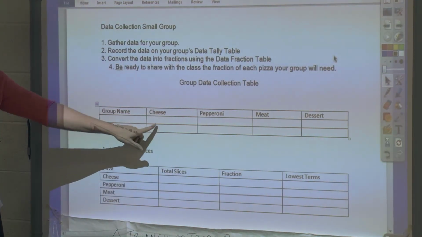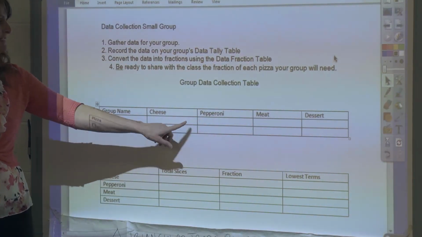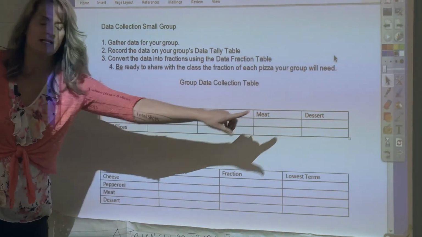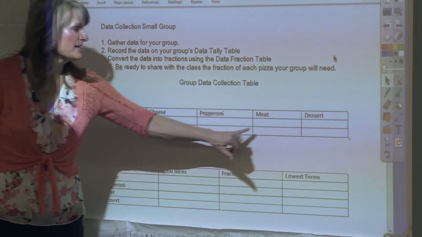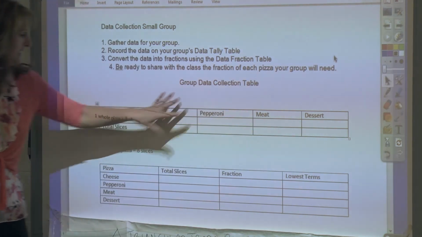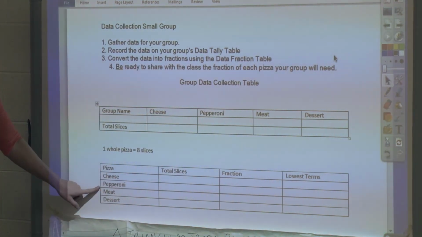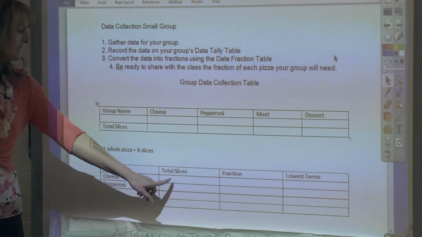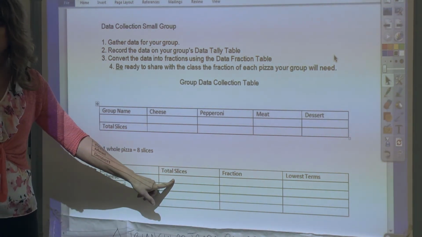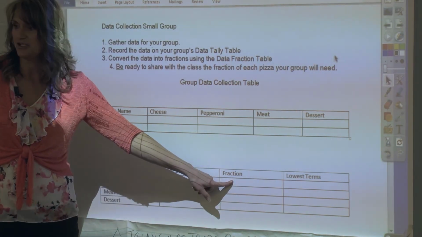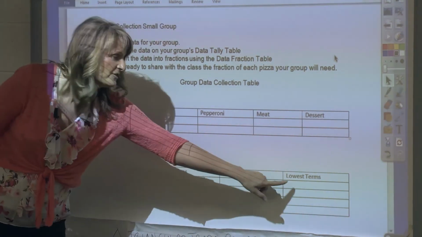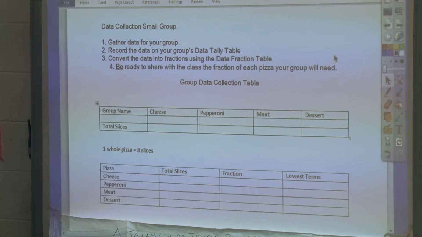Tallies, right? So how many in the group want cheese? How many want pepperoni? These are tallies. Then total the slices down here, okay? Then you're going to come down here, and as a group, 1 pizza is equal to 8 slices. So you're going to write down how many slices. Then you're going to turn it into a fraction, and then reduce it into its lowest terms, okay?